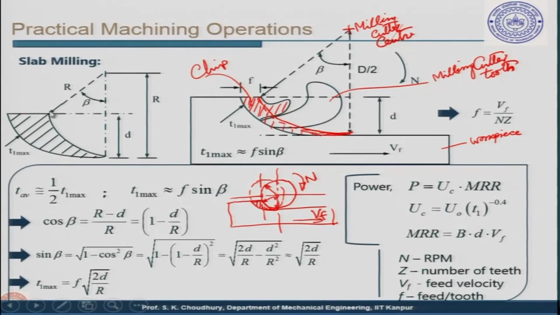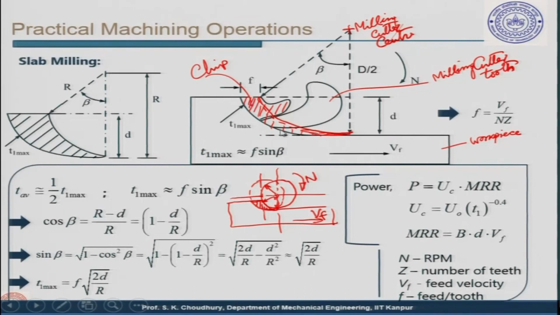From this point to this point, when the chip is formed, this is one chip which is formed like this. Okay. This is called the maximum uncut thickness. And here, in case of milling, in comparison to turning, it is different, because the t1 max, the maximum uncut thickness, goes from 0 to the maximum. Here it is 0 and here it is maximum.